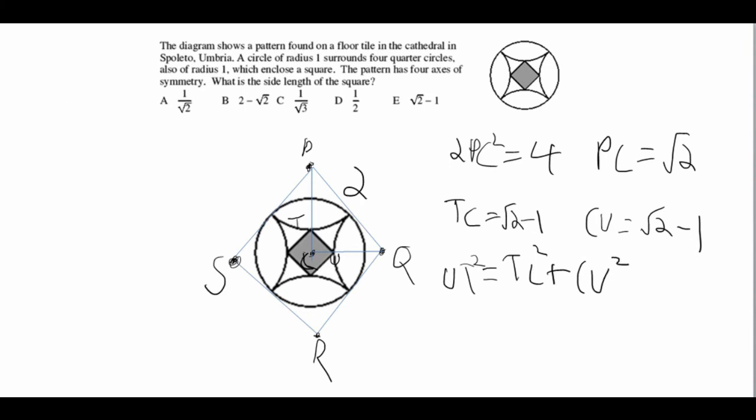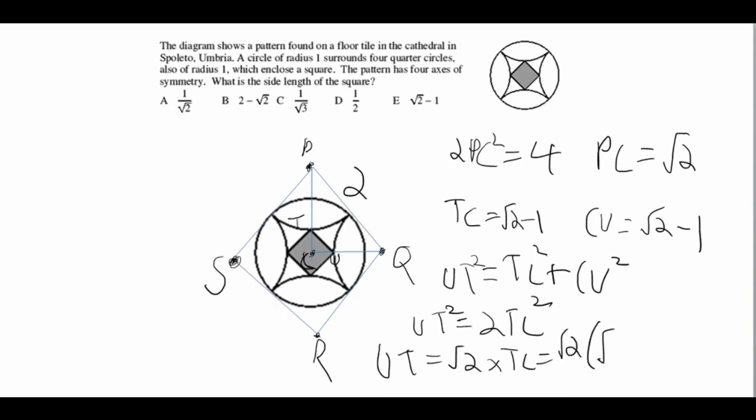And now because TC and CU are equal, we can rewrite this as UT squared is equal to 2 TC squared. And if we then square root both sides, we'll get UT is equal to root 2 times TC, which is equal to root 2 times root 2 minus 1, which is equal to 2 minus root 2. And this corresponds to B.